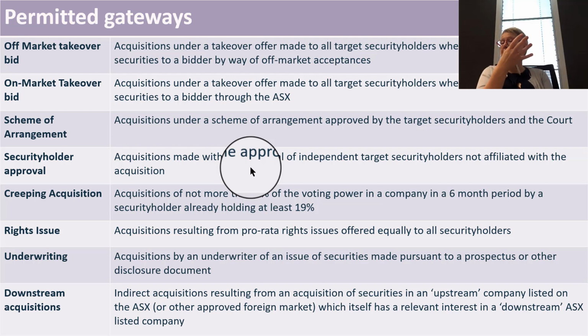Clearly, because it's happening on market, there can't be unusual or different conditions. An on-market bid can only be for cash. You can't make an on-market bid to issue shares in another company, because that needs to be an off-market bid. It needs to be a conditional bid.